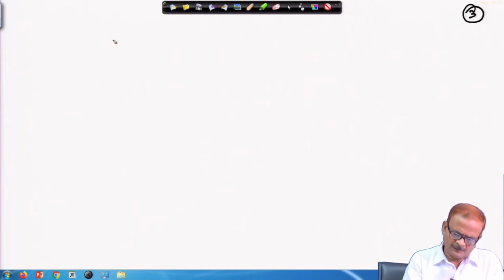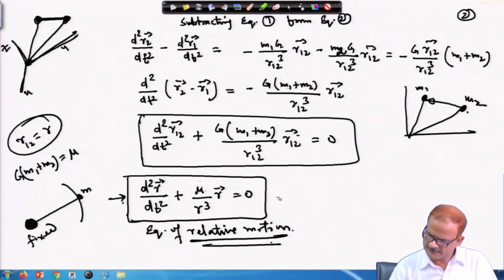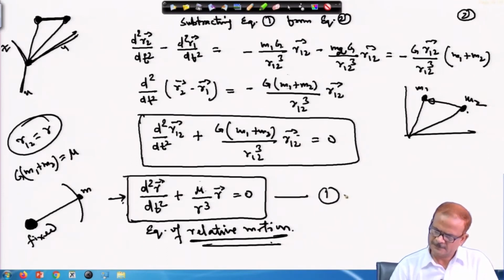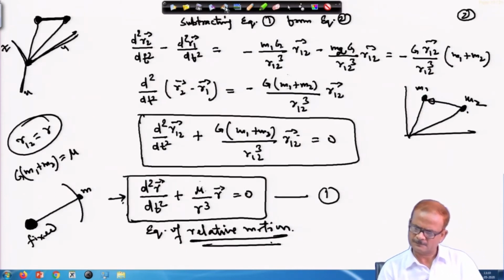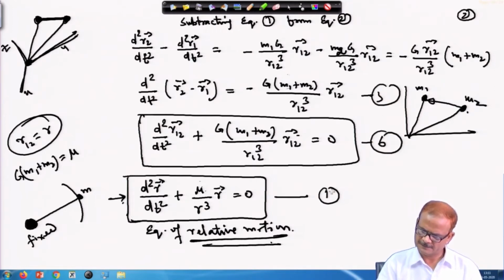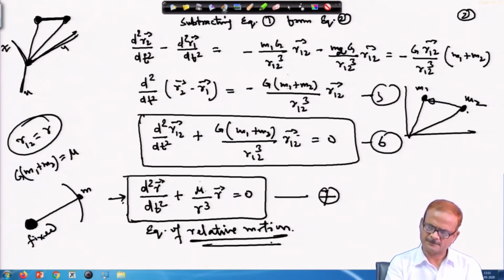After replacing this, let us name this as equation 1. Here we have 1, 2, 3, 4. This we will name as 5, this as 6, and this as 7.